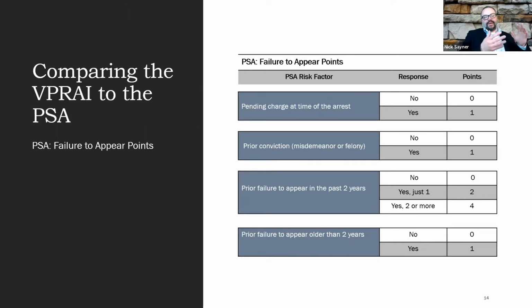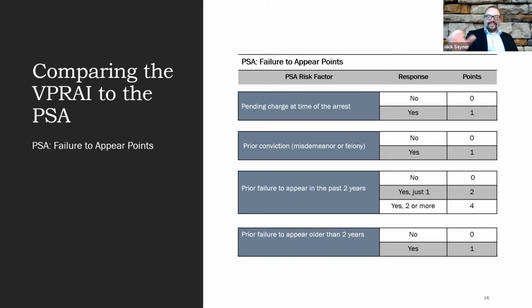The way I'm going to monitor or supervise or provide services to someone who has a high risk of failing to appear and low new criminal activity is going to be different than someone who is low failure to appear and high new criminal activity. So the PSA does offer some of that variation. I just wanted to make that point while I remembered it, because I'd probably forget it later.